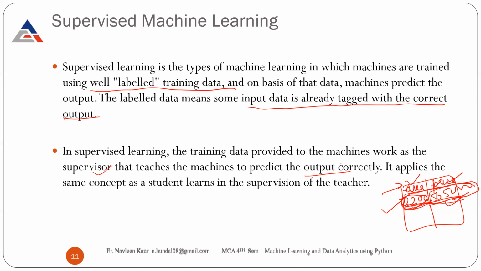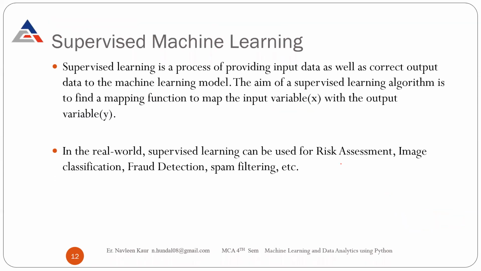I told you that it is the same as the student teacher concept, in which the teacher is the supervisor of the student. So now let's study it in more detail. Supervised learning is a process of providing input data as well as the correct output data to the machine learning model. Input and output both are labeled.